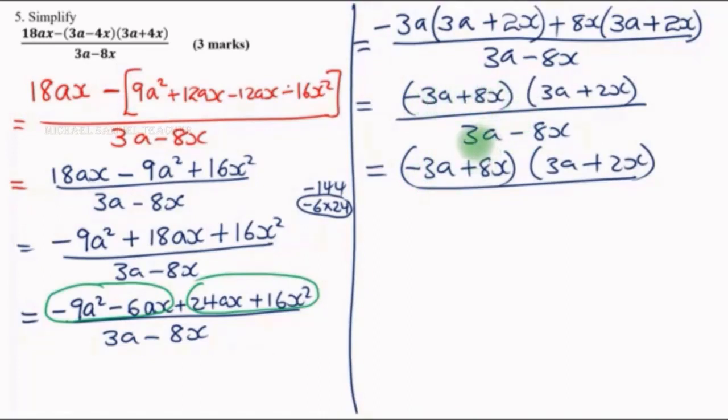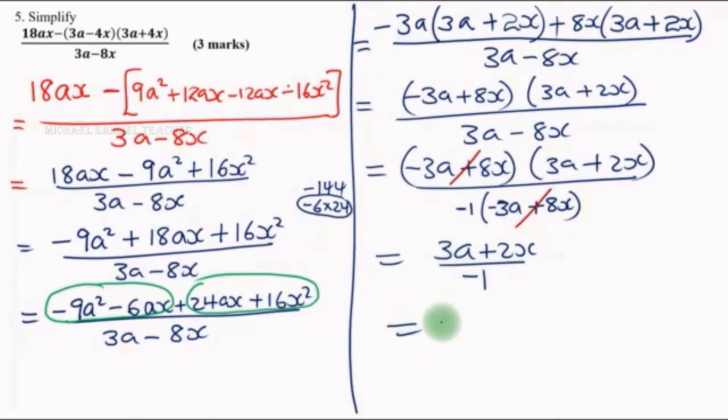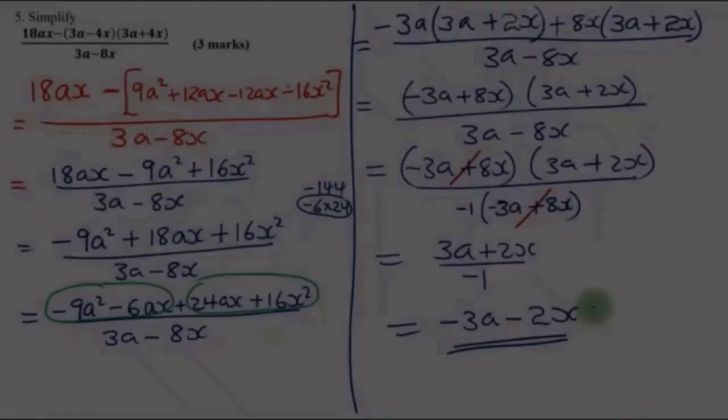So if I introduce a negative, such that we factor it out, it will be minus 1, then here we shall have minus 3a, such that if I multiply it will become positive, and this will be plus 8x, such that if I multiply, I'll get minus 8x. So I haven't changed anything. So from there now, what is common is minus 3a plus 8x, so it shall be cancelled. Therefore, we have 3a plus 2x all over minus 1, which will be the same as minus 3a minus 2x. So that is it. Move to the next question.